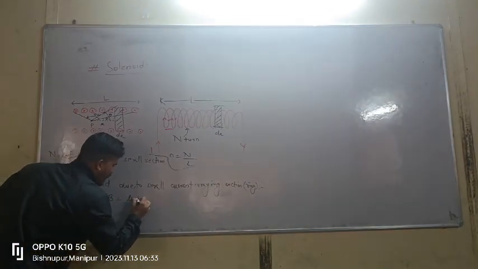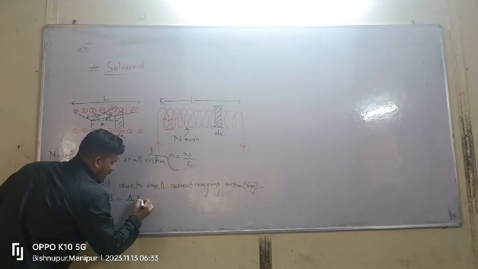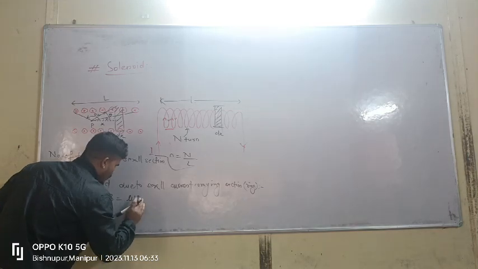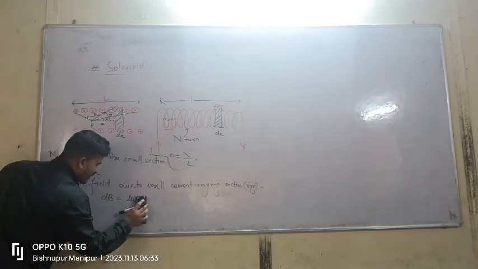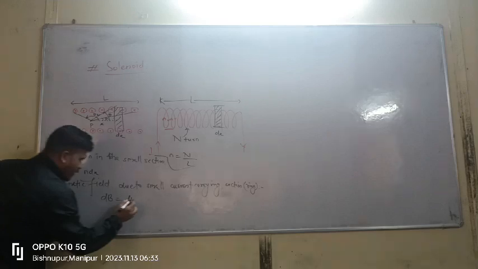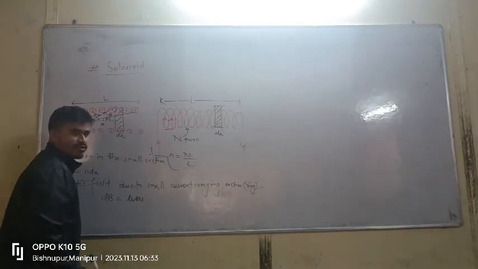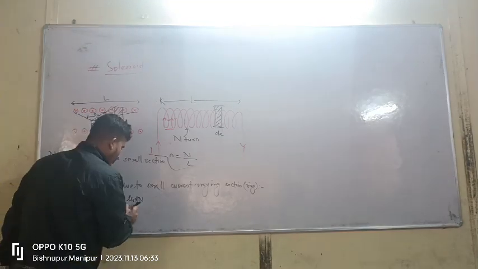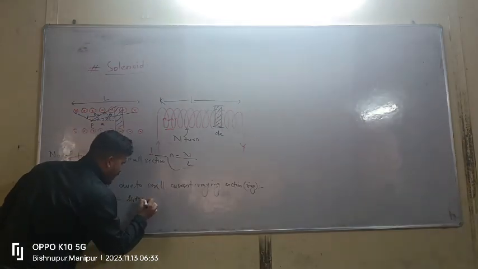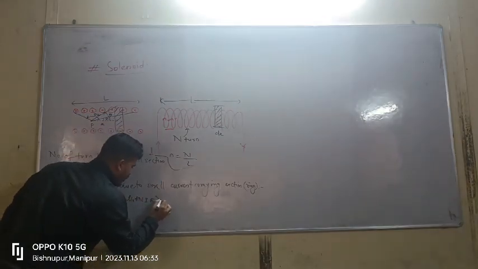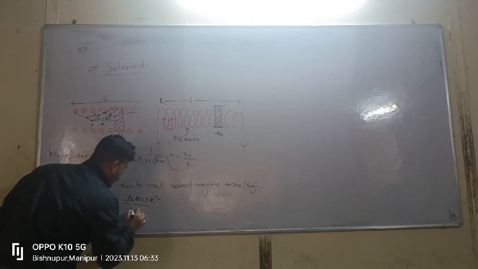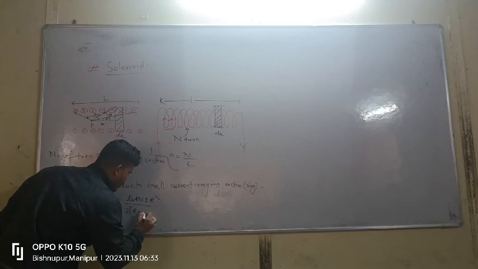Mu naught I, and n was there, and dn will be there. Yes or no? Mu naught dn I r square upon 2 into r square plus x square power 3 by 2.